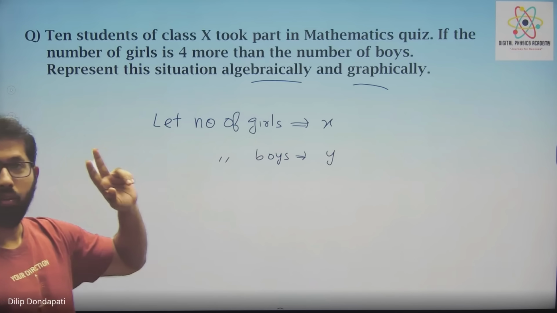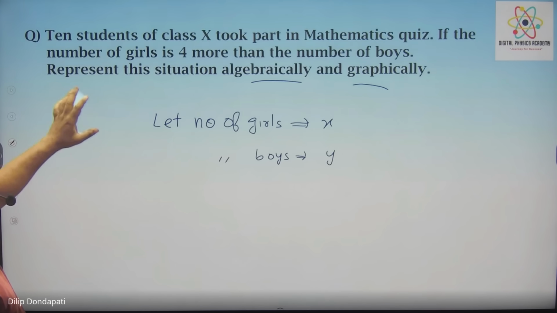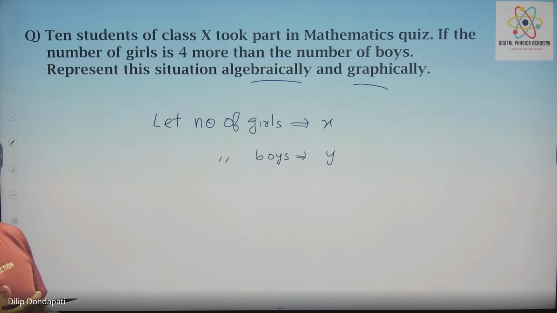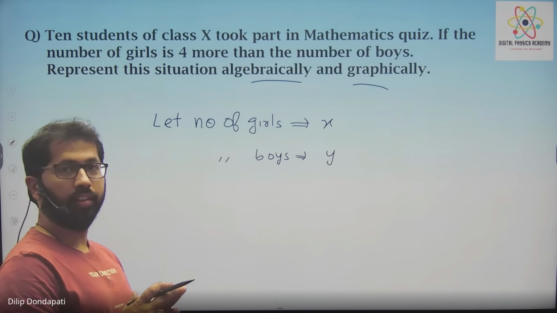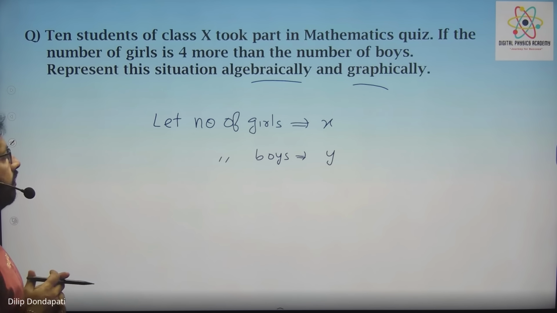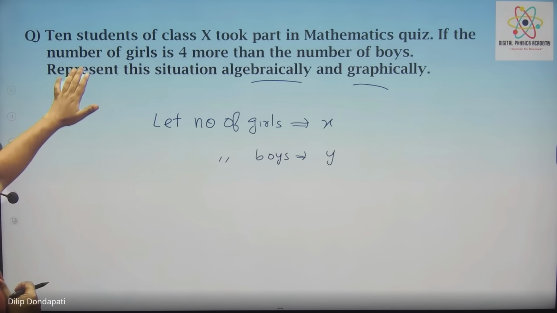So first we have to find the equations, generally linear equations will come. The number of girls is 4 more than the boys. We have to find the number of girls and boys separately from 10 students.